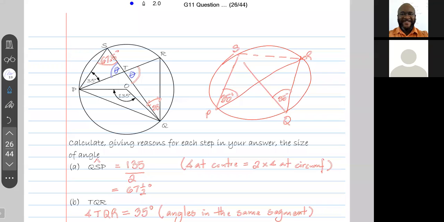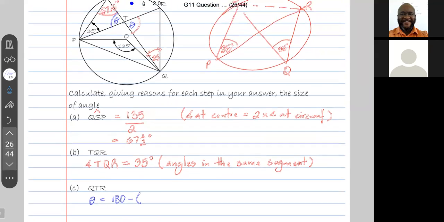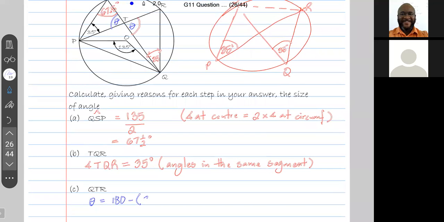We could find the angle theta first, and whatever that angle is, the one we need, which is QTR, is the same angle because the two angles are vertically opposite. Then I would say that theta is equal to 180 minus 35 plus 67.5.